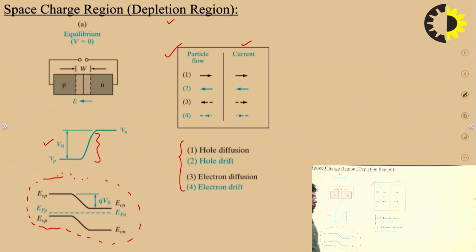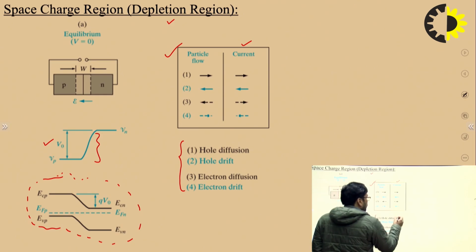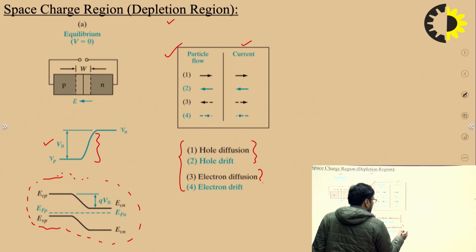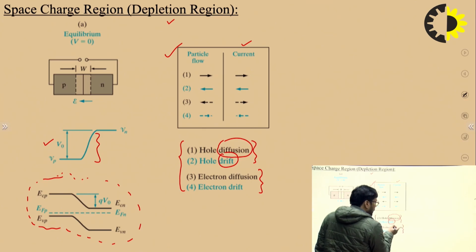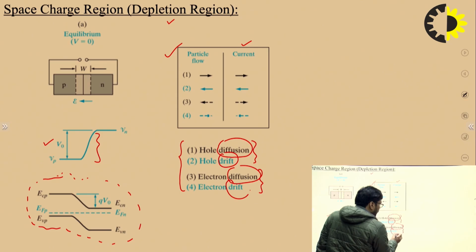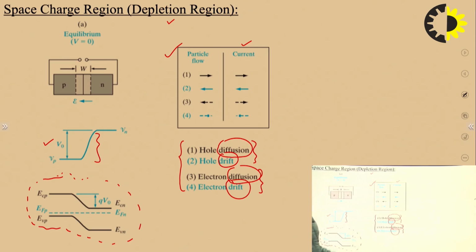If you talk about the current components, we have four: the first two due to the holes, and the other two due to the electrons. For holes we have diffusion current and drift current, and for electrons we also have diffusion current and drift current, right? At the equilibrium condition, the total current is 0, because there is no connection of the battery.